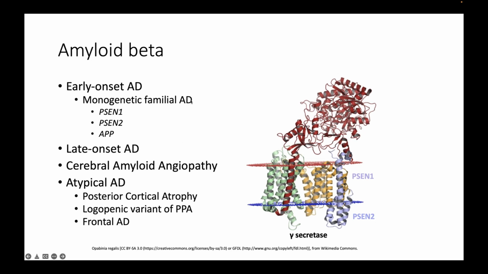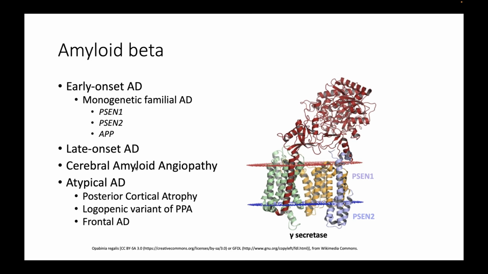So first, there's early onset Alzheimer's disease, which is just defined as Alzheimer's disease starting from an earlier age than 65. And we also have the monogenetic forms, as I mentioned, for example, the first patient of Alois Alzheimer with presenilin 1, presenilin 2, and APP mutations. Then there's also the cerebral amyloid angiopathy, which is also another thing because it leads to microbleedings and so on, but is also related to the same amyloid protein. Maybe a bit too much for today, but just important to know that this exists.